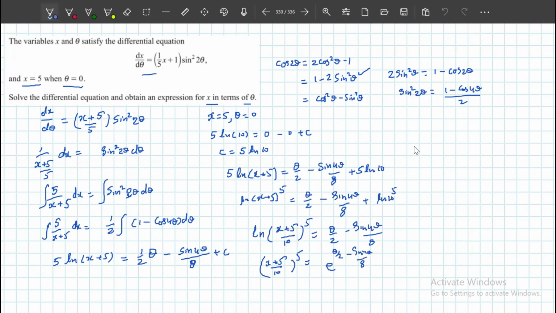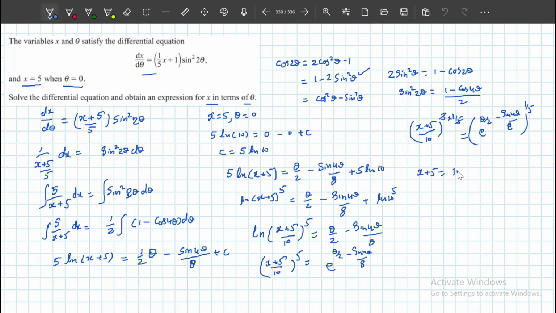And next step, we can take the power 1 by 5 so that we can remove the 5: ((x plus 5) over 10) whole power 5 times 1 by 5, and on the right hand side e power (theta over 2 minus sine 4 theta over 8), taking whole power 1 by 5 as well here. So this can be cancelled and it is x plus 5.